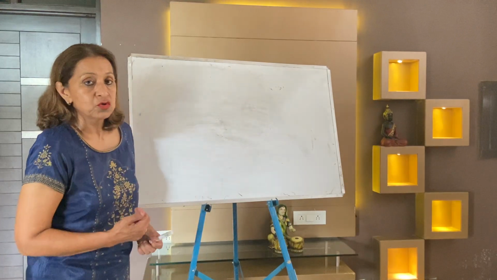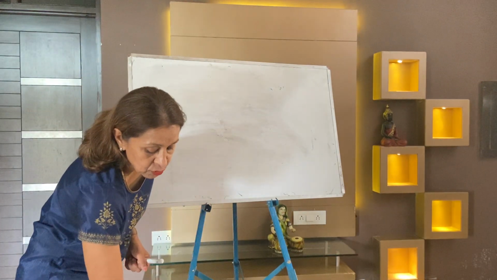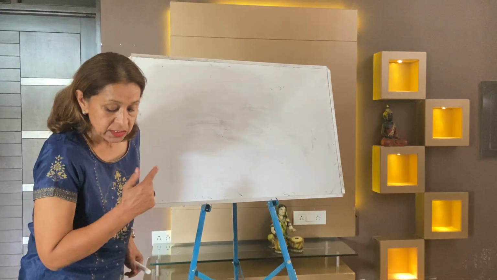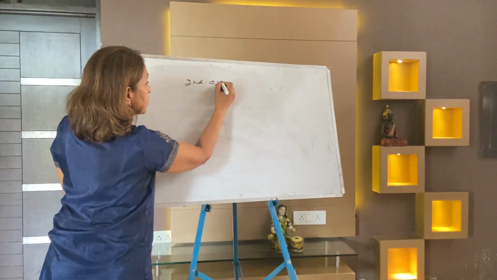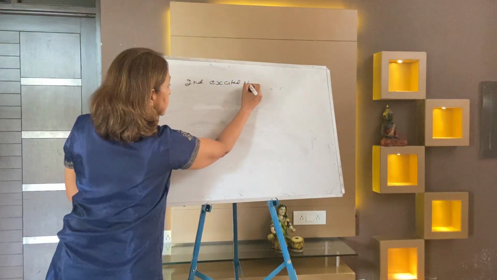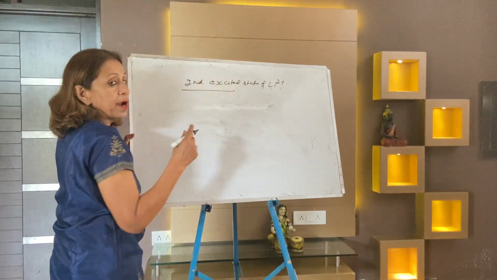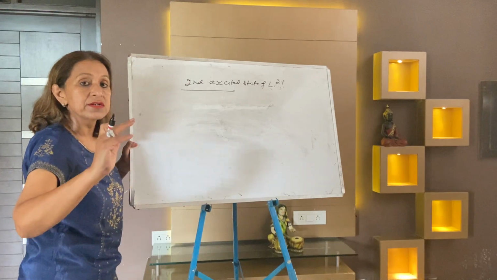Now I'm giving you 1 or 2 questions. You can attempt them yourself. The next question is, calculate the radius of the second excited state of lithium 2 plus. I'm giving you a hint.